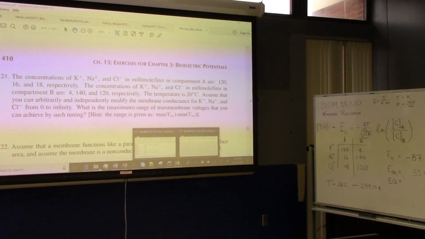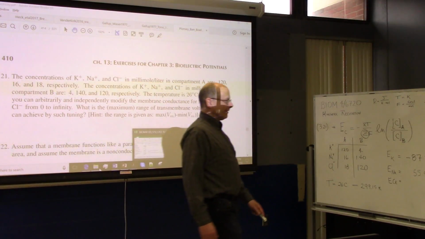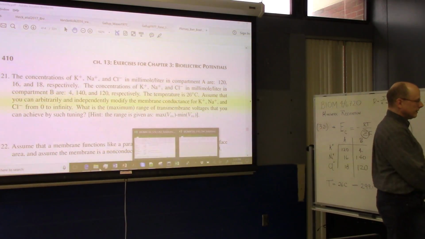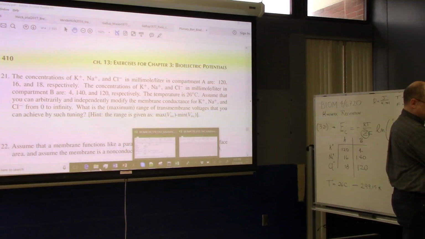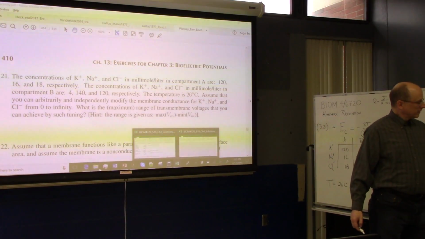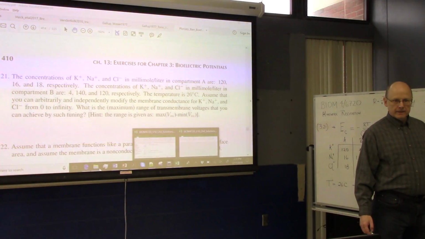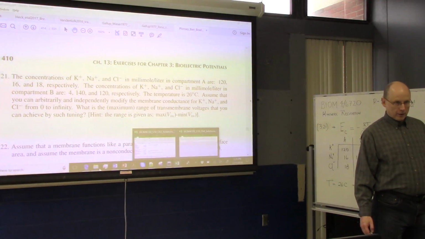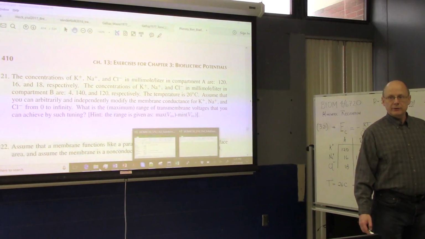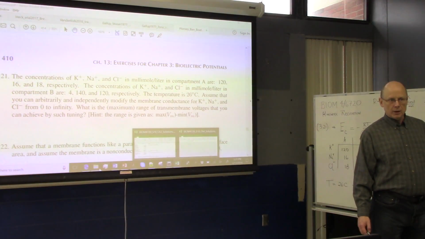I would take off a point for that. Why? It should be negative. Yes. Whenever the number inside the logarithm is less than 1, the logarithm will be negative. If it's greater than 1, then the logarithm will be positive. If it's equal to 1, the logarithm will be 0.